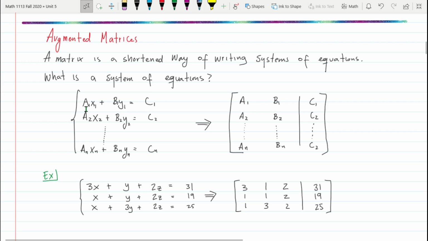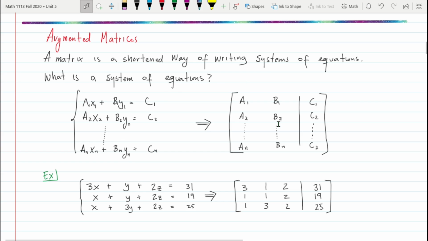So this is one equation, this is another equation, and there could be many different equations, but there can also be many variables. So this is the system of linear equations, and you can rewrite this as a matrix.